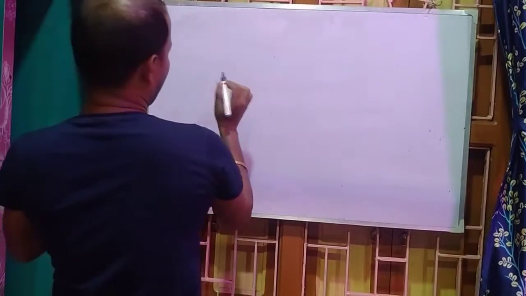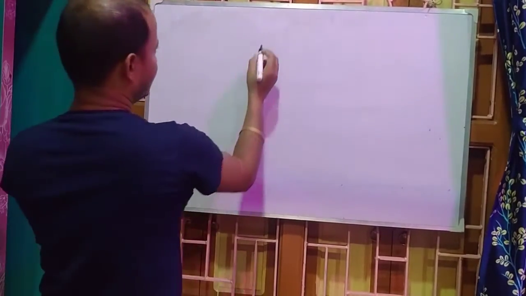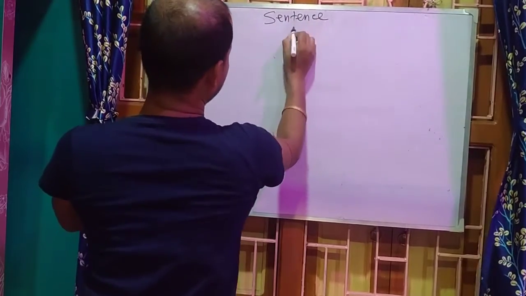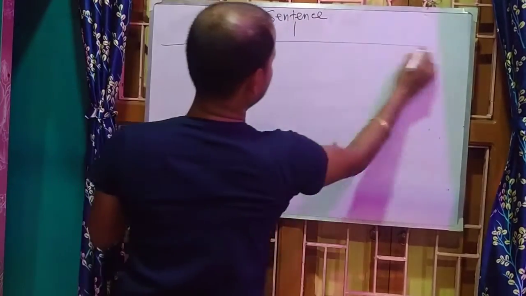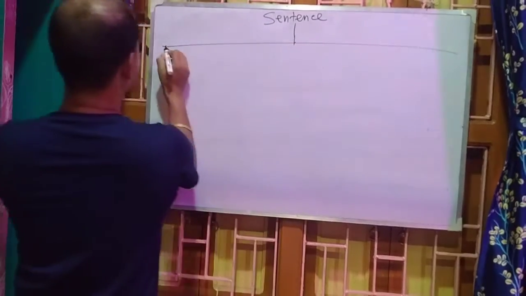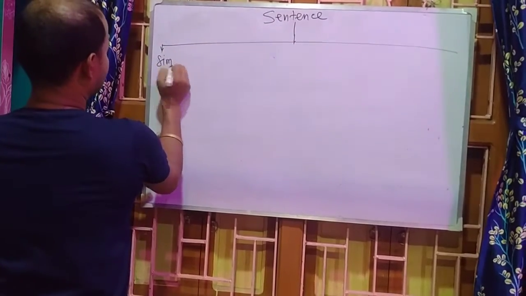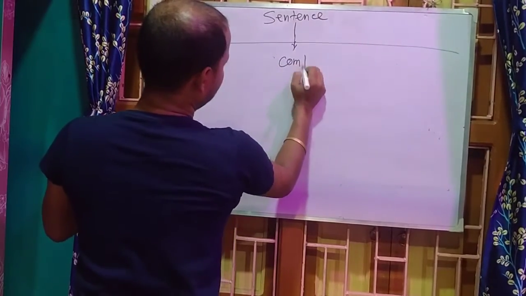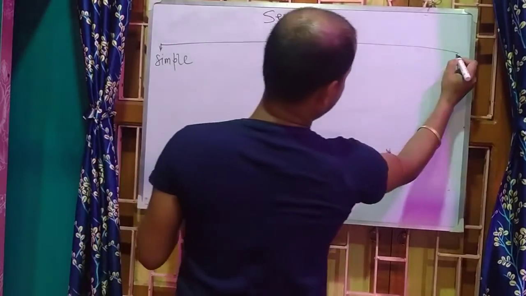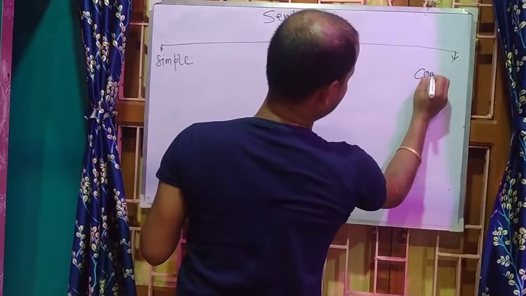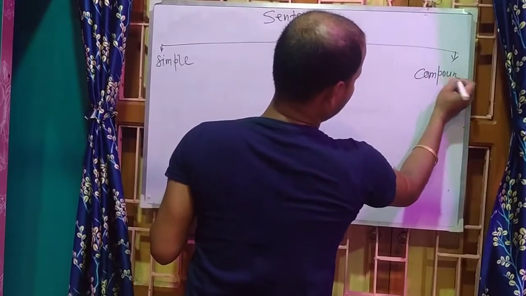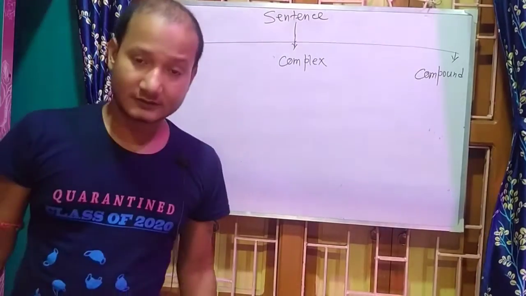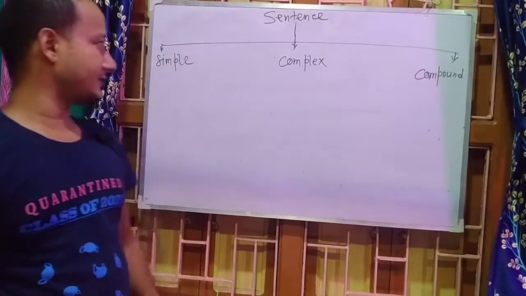So from the point of construction, we have three types of sentences.